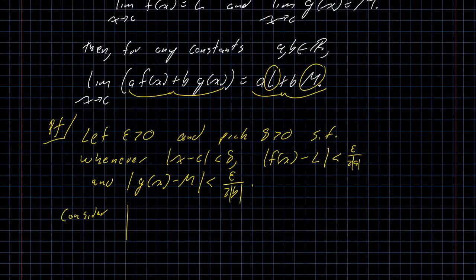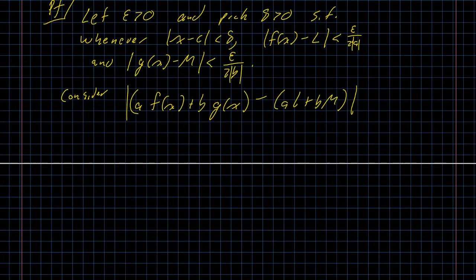So now we want to consider the absolute value of a times f of x plus b times g of x minus al plus bm. And going through and doing some algebra, I can regroup some things, get all of my a's together, get all of my b's together, factor out the a and the b.